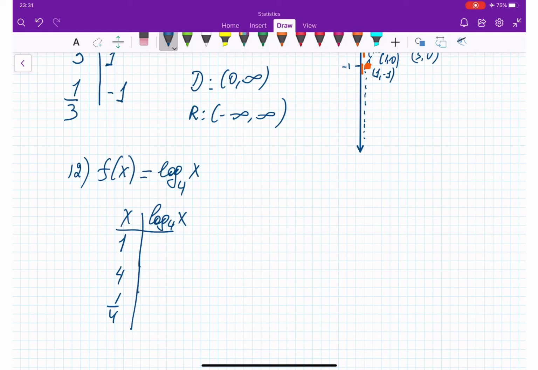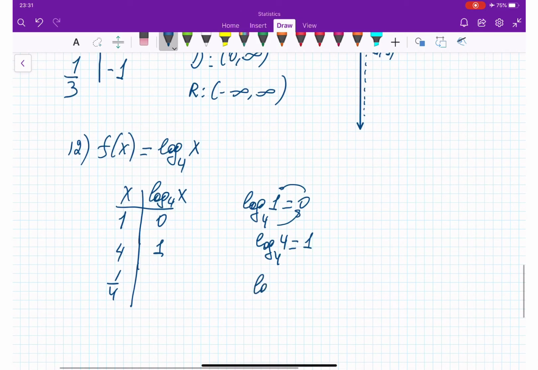So when x is 1, log 1 by base 4 is going to be equal to 0, right? Because 4 to the power 0 is equal to 1. And if I have 4, it's going to be equal to 1. And if I have 1/4, it's going to be equal to negative 1. Yes? Okay.